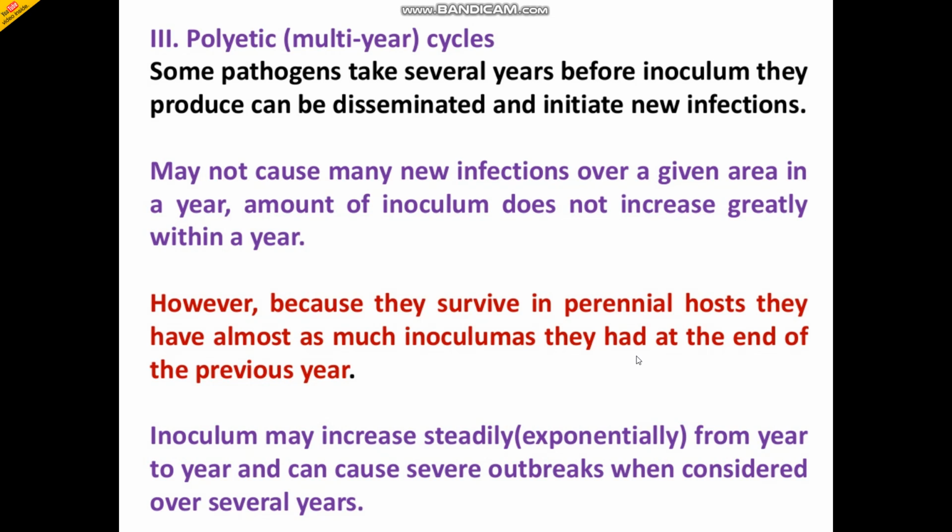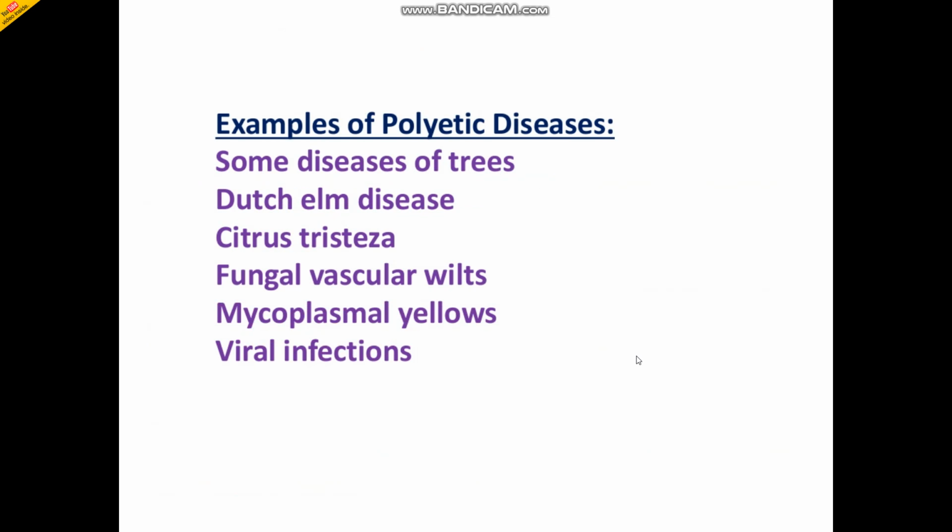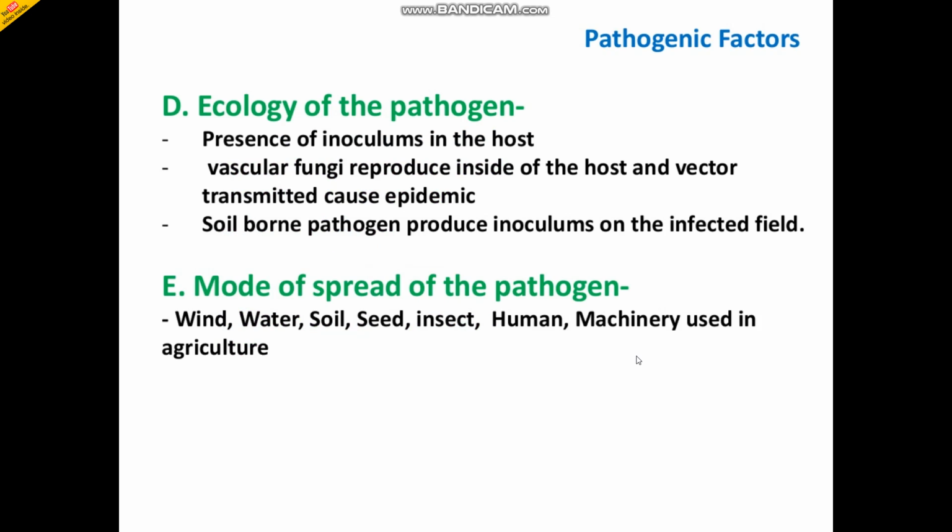So inoculum may increase steadily, exponentially, from year to year, and can cause severe outbreaks when considered over several years. Examples of polyetic disease are some diseases of trees, for example Dutch elm disease, citrus tristeza, fungal vascular wilts, mycoplasmal yellows, and viral infections.